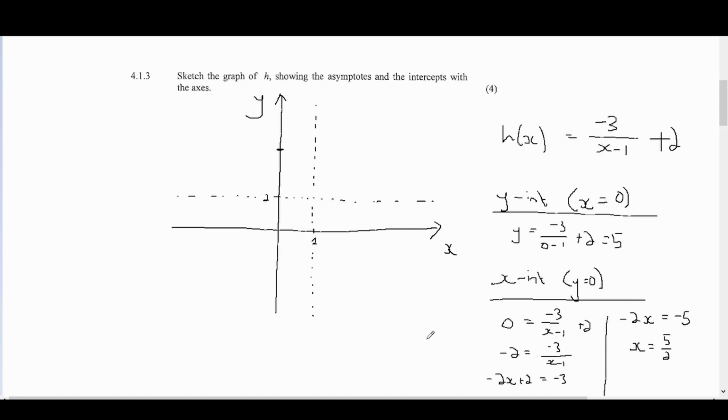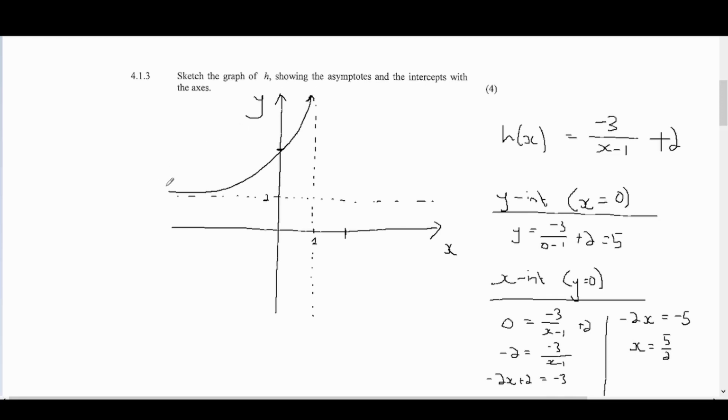So 5 over 2 is 2.5, so 2 is 1, 2, 2.5 is about there. Okay, and now we just draw our graph. It's coming over here, very close to 2, but not exactly at 2. And then it will go through our y and continue up all the way to positive infinity.